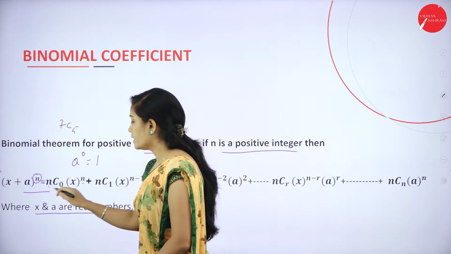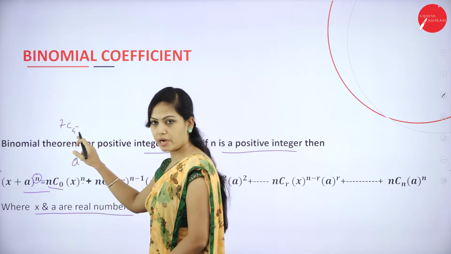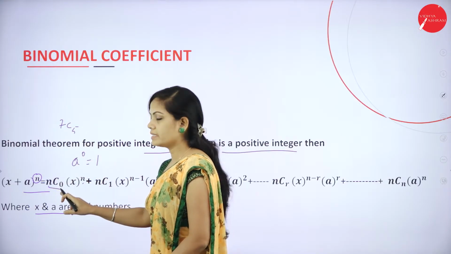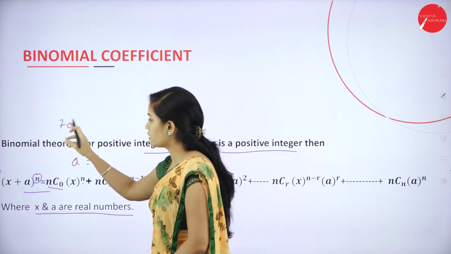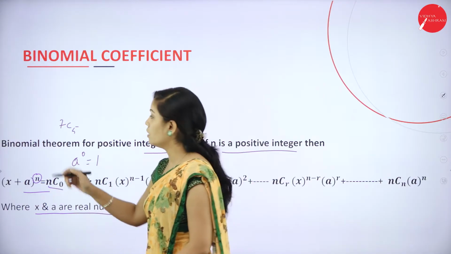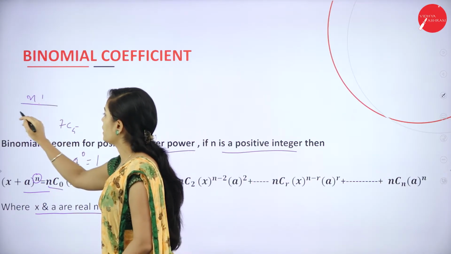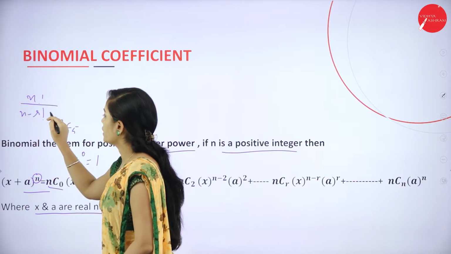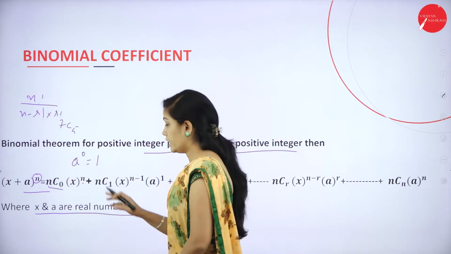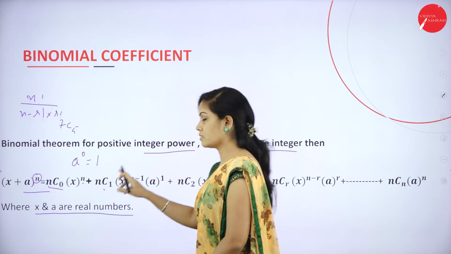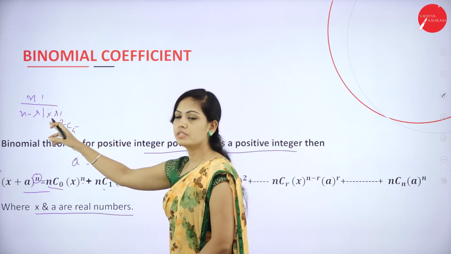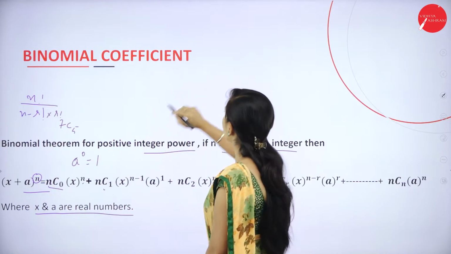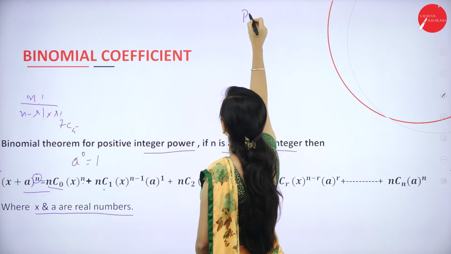Example, if your NC0 value is 7C5, you have to find the value of 7C5. You have to apply the formula n factorial by (n minus r) factorial into r factorial. In next term, you will get 7C6 and 7C7. Every time you can't apply this formula. So for that we are using Pascal's theorem.